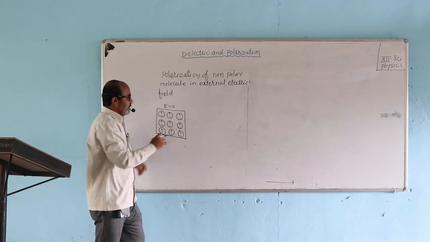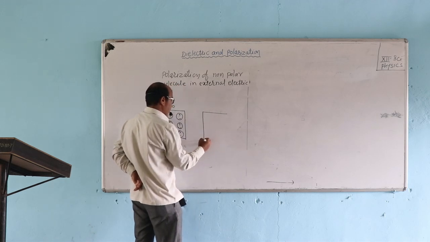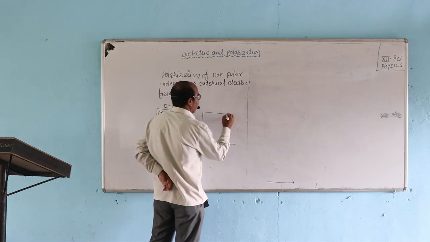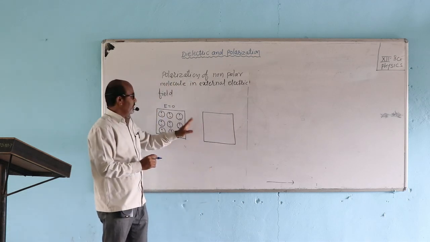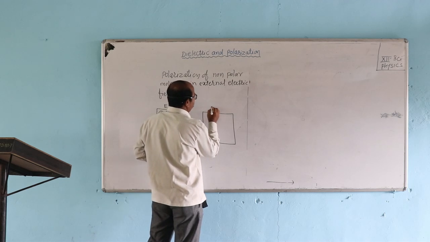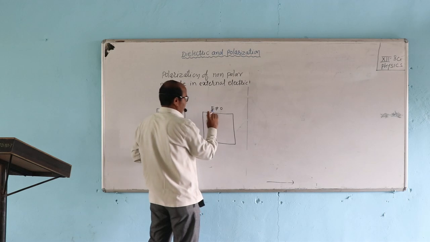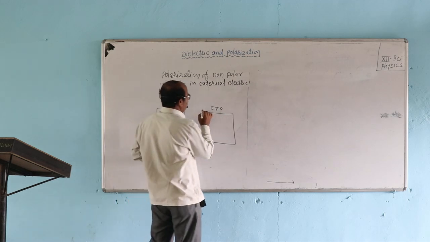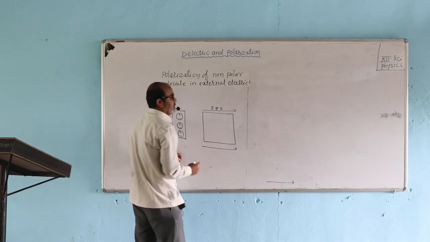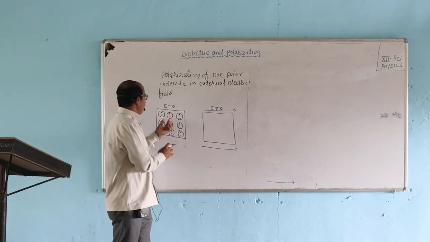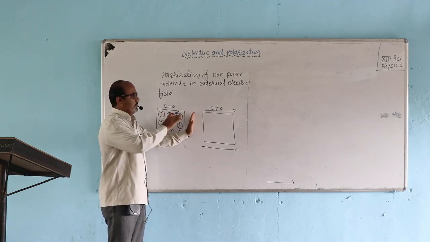When it is kept in an external electric field, then due to the effect of the applied field, E is non-zero, not equal to 0, with the direction of the electric field from left to right, these positive charges are repelled by this field.